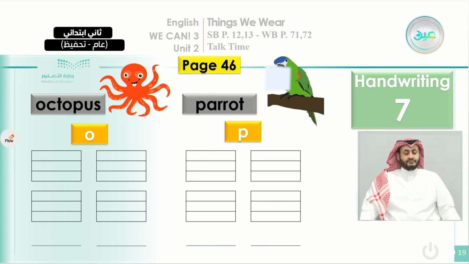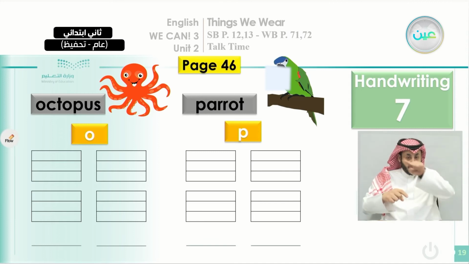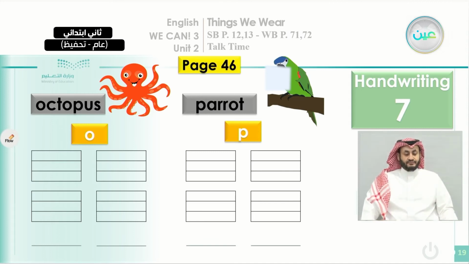As we said before, the arrow should go like this. The best way of writing O is to do it like this. If you want to write it in cursive, you do it like this. This is the best way to write O.